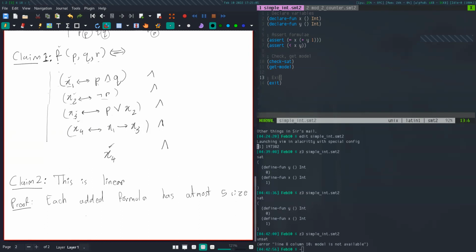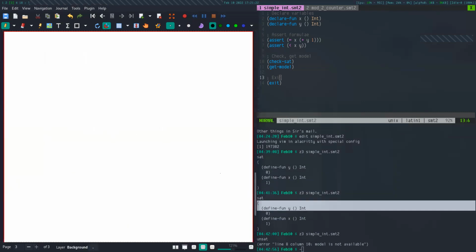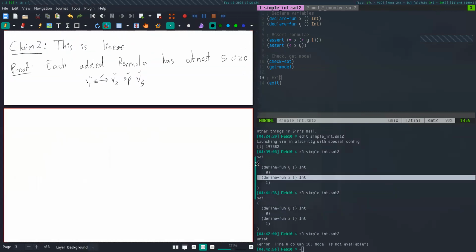Because it looks like some V1 equivalent to V2 op V3, so we have 1, 2, 3, 4, 5, right?